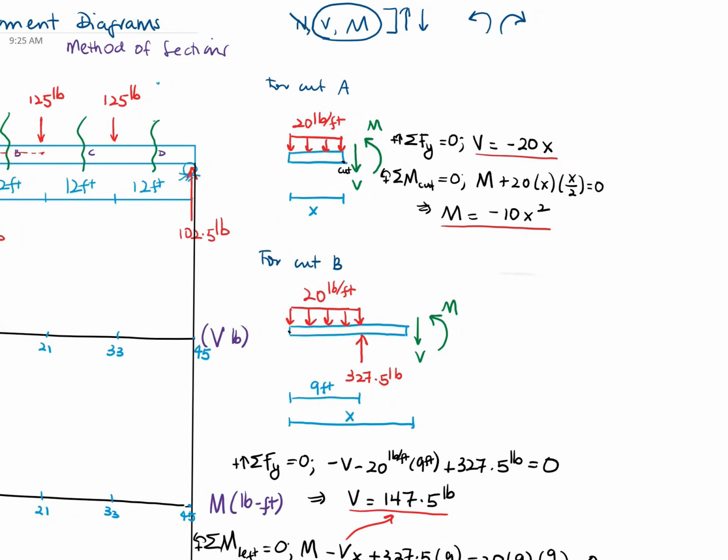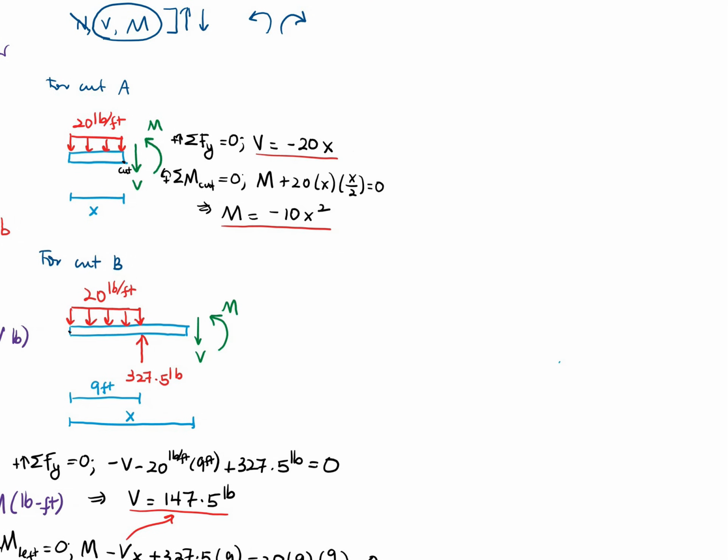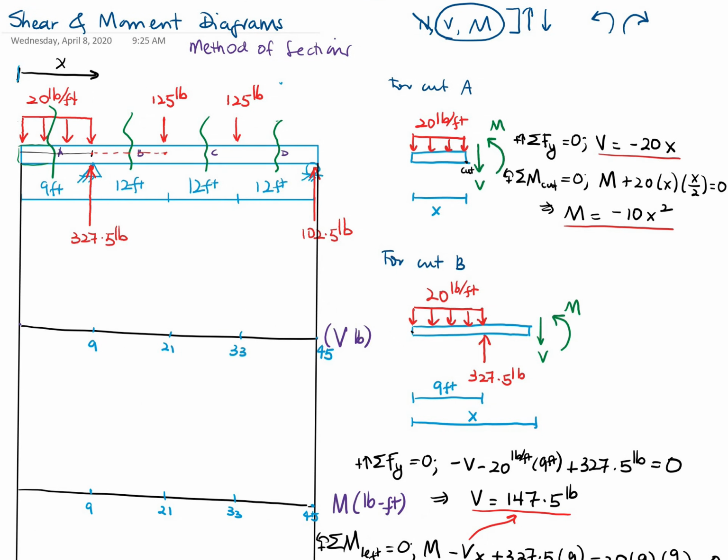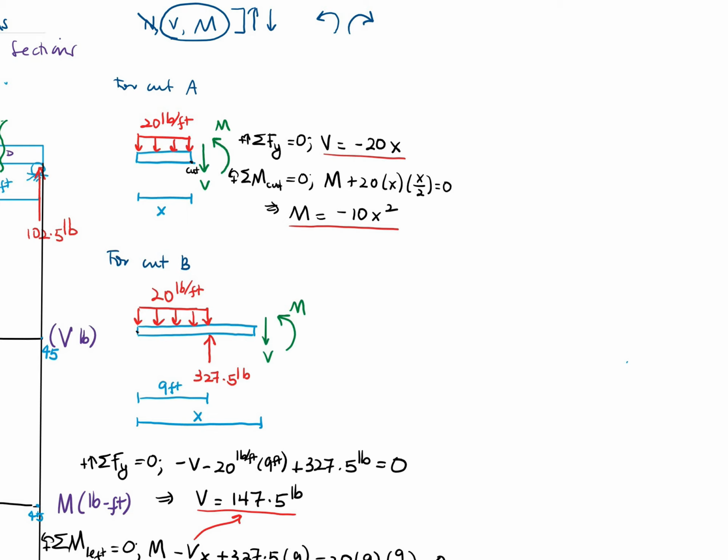So we have some ranges that we're going to deal with. If you're looking back at the drawing, we have from 0 to 9, where your distributed load is being expressed. So at x equals 0, we look at our shear equation, V equals negative 20 times 0, which gives me 0.